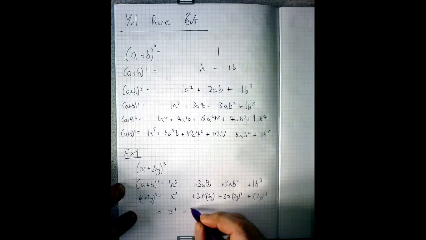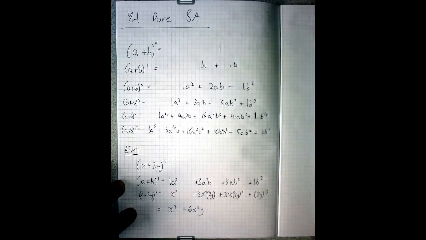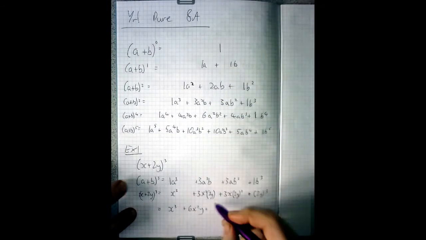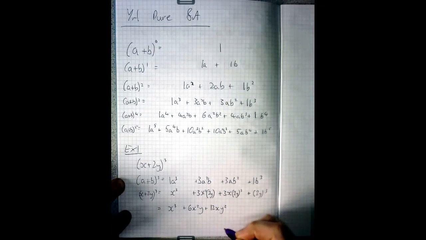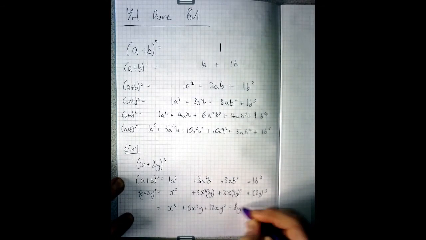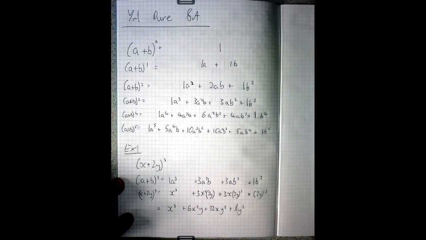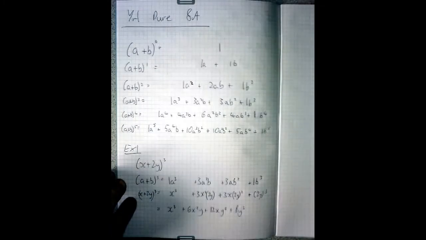So my full expansion then is x³ + 6x²y. Now this (2y)² is 4y², so 4y² times 3x is 12xy², and (2y)³ is 8y³. Done.